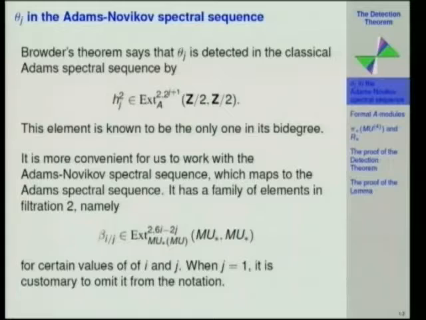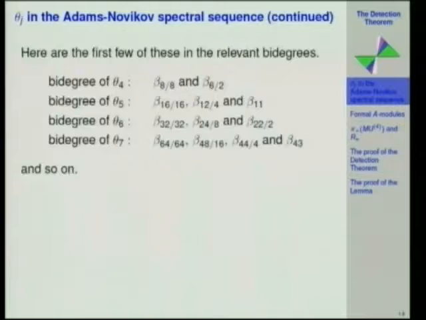Now, the 2-line of the Adams-Novikov spectral sequence has a lot more stuff in it than the 2-line of the Adams spectral sequence. And in the relevant bidegrees, there are additional elements besides the ones that we're really concerned about. So for example, in the bidegree corresponding to theta 4, we've got beta 8/8 and beta 6/2.